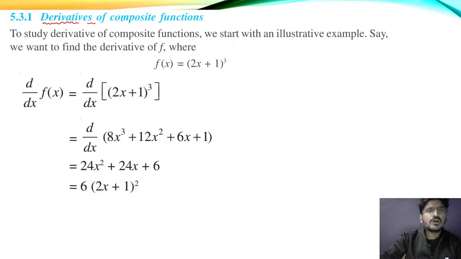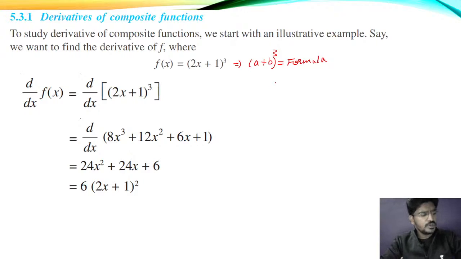Derivatives of composite functions. To study the derivative of composite functions, we shall take one example and begin with it. Clear? Here it is in the form of a plus b whole cube. You have to use the formula of a plus b whole cube to simplify 2x plus 1 whole cube.